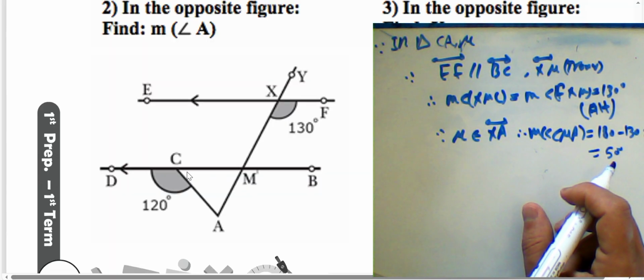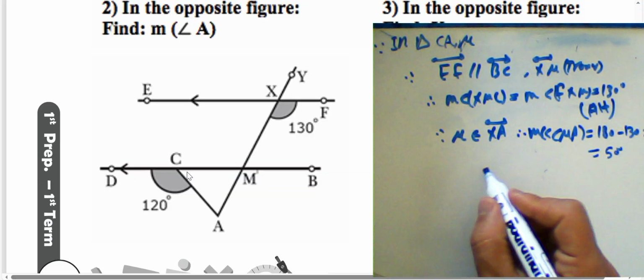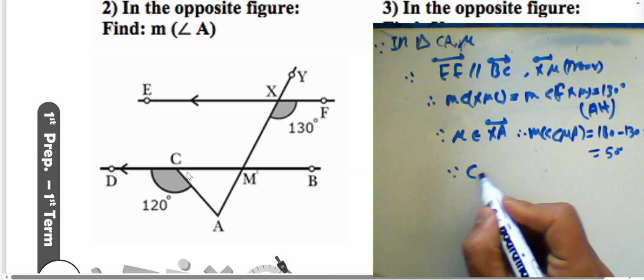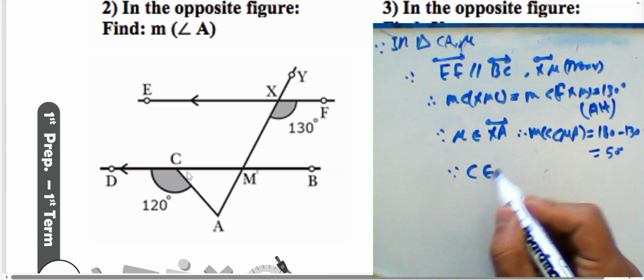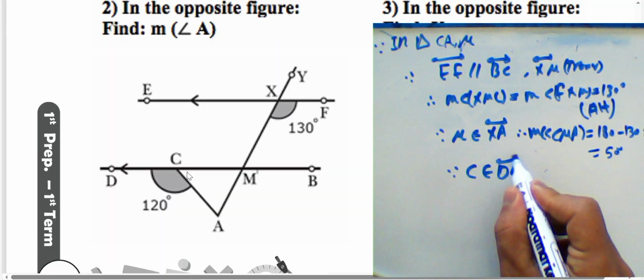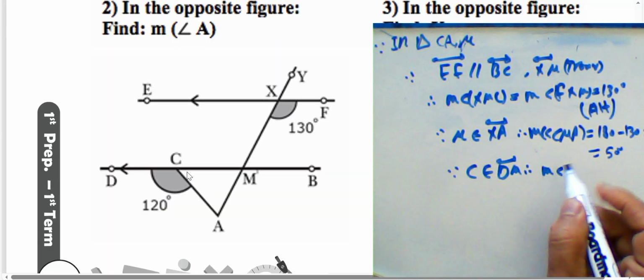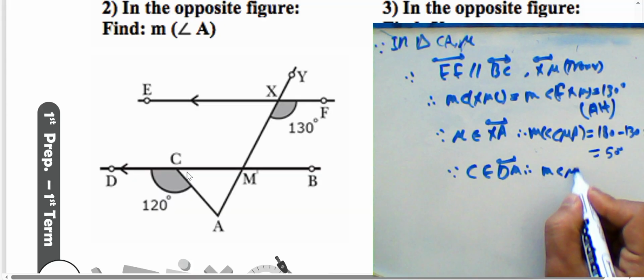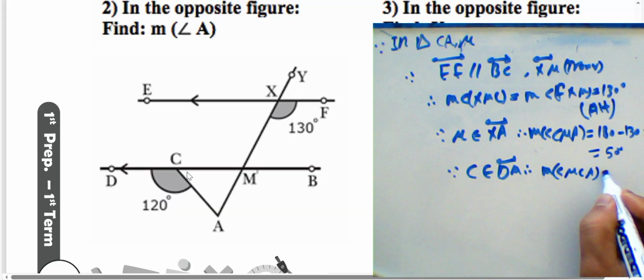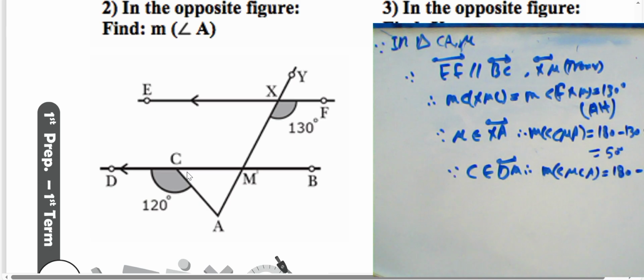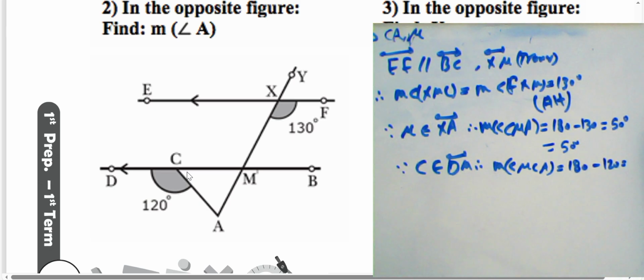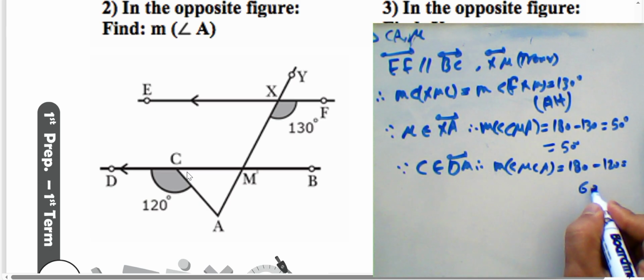And also we can find the measure of angle MCA in the straight line DM, such that C was belonging to DM straight line. Then the measure of angle MCA is equivalent to 180 subtract 120, equivalent to 60 degrees. Okay, 60 degrees.